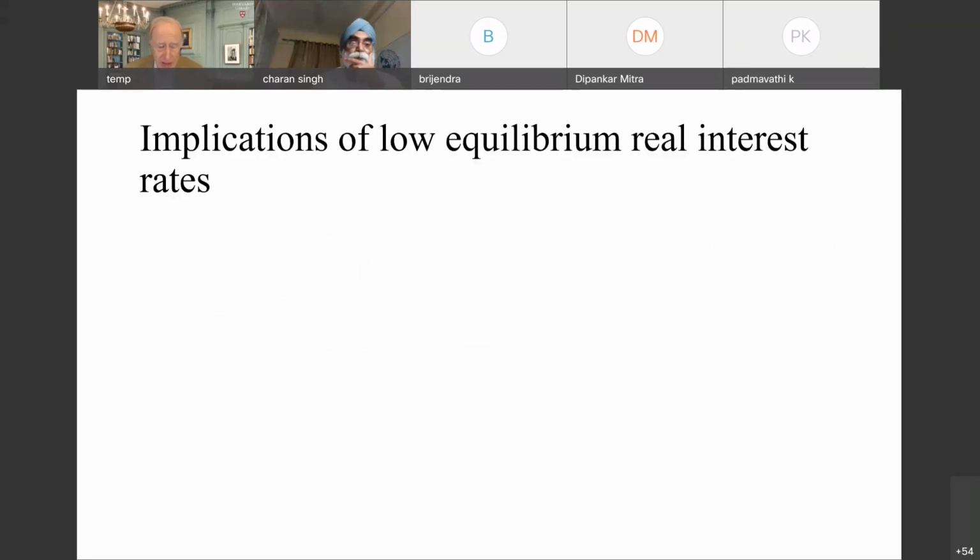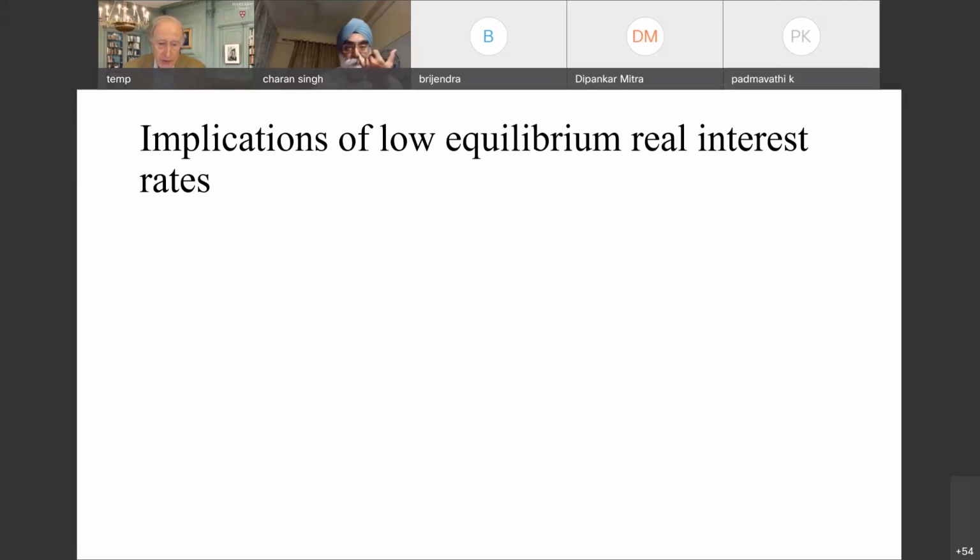Moving to the next item, as I'm sure everybody in this group knows, we have had a sustained period of extremely low equilibrium real interest rates. I am not going to get into the question of whether this will continue. As I'm sure people are aware, many economists believe that this will continue.